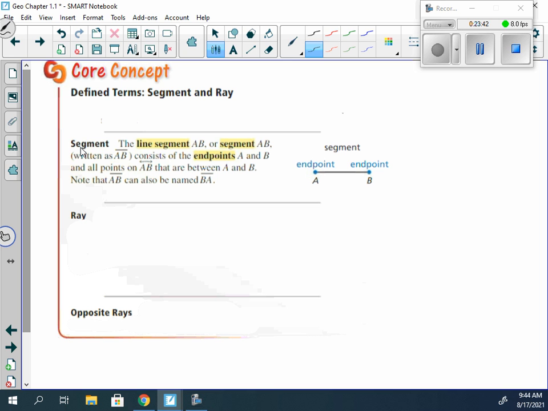A line segment AB, or segment AB, because it has two endpoints, consists of the endpoints A and B and all points that are between A and B. Note that segment AB can also be written as BA. Well, a line segment is a line with what? Two endpoints. That is all that is saying. So really, a line segment is a line with two endpoints.